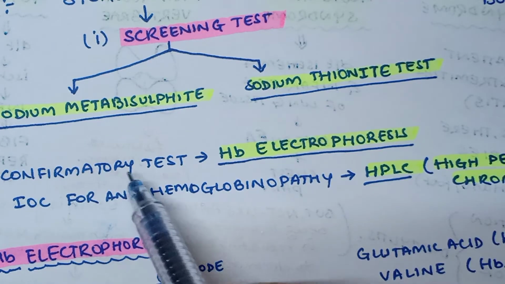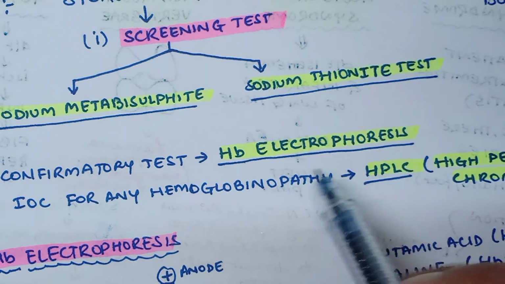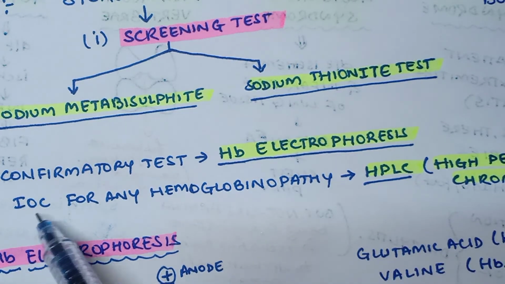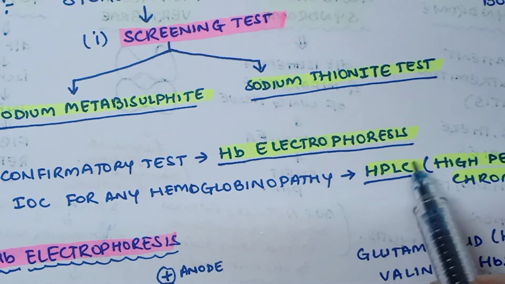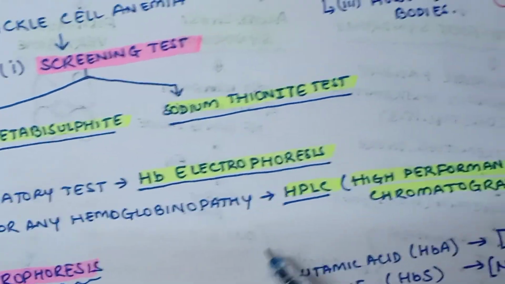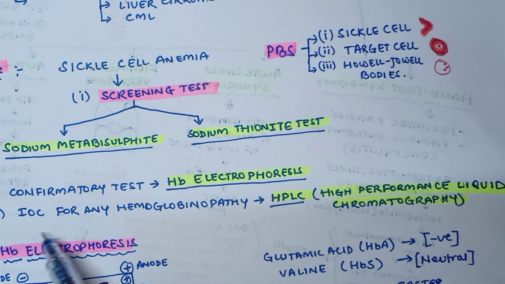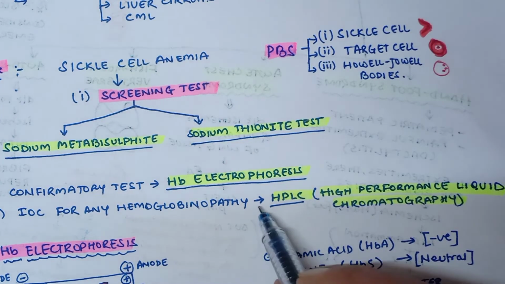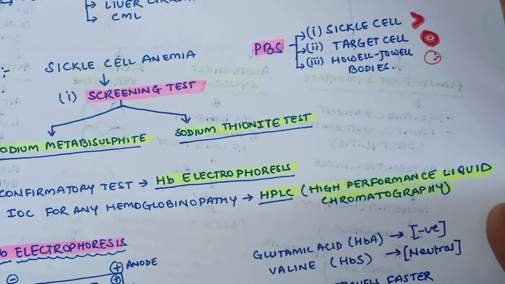The confirmatory test for sickle cell anemia is hemoglobin electrophoresis. The investigation of choice for any hemoglobinopathy is HPLC, that is high performance liquid chromatography. So it is the best confirmatory test.